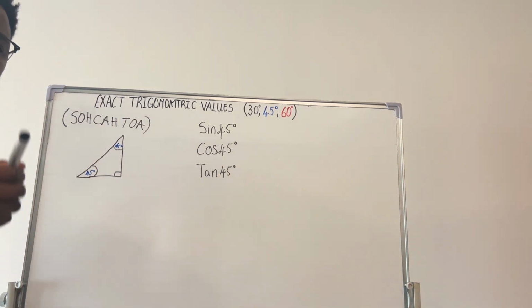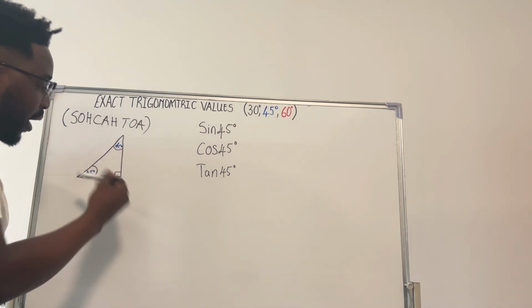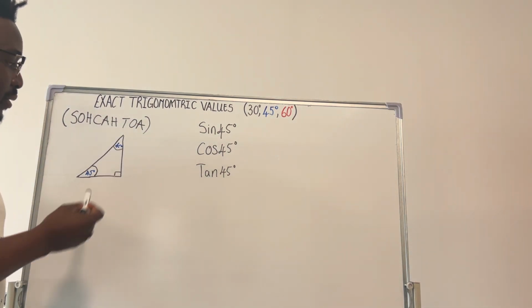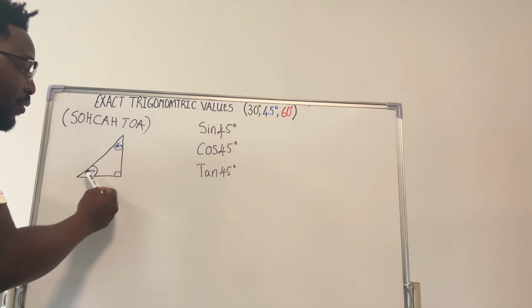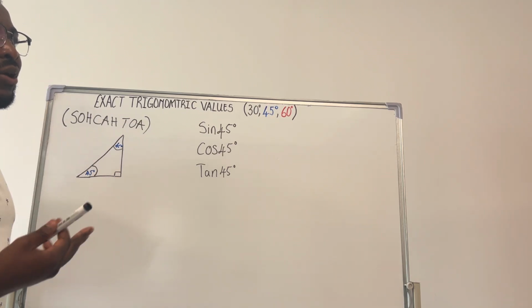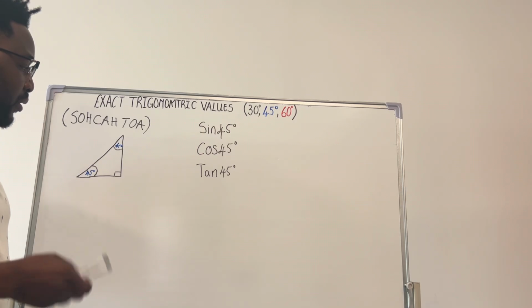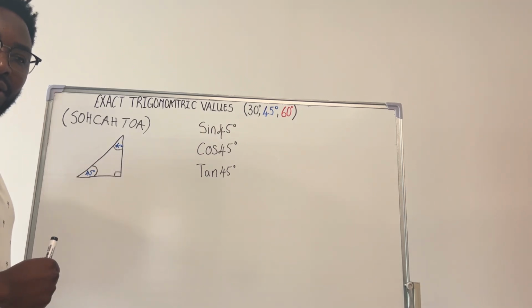Okay, so now, what is it that you can notice with this triangle over here? You can notice that it has two equal angles, right? And if a triangle has two equal angles, what do you think will happen to these two sides? Think about that.